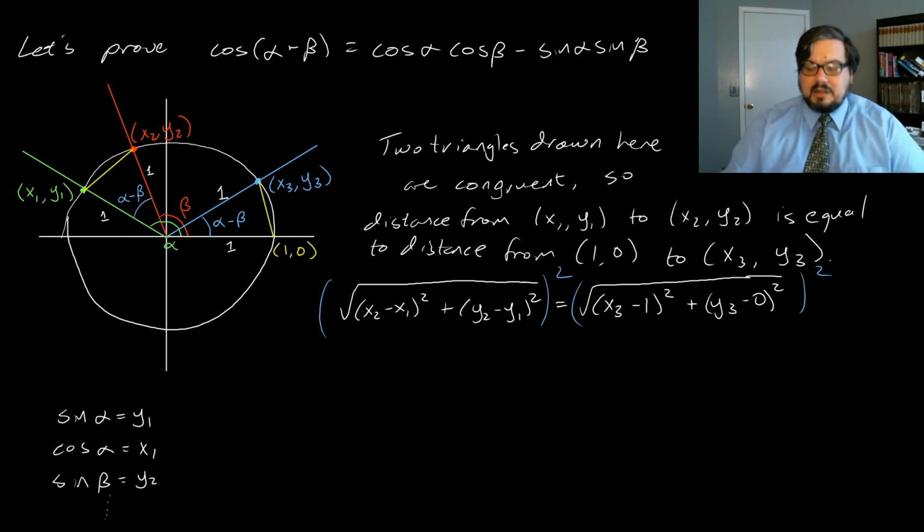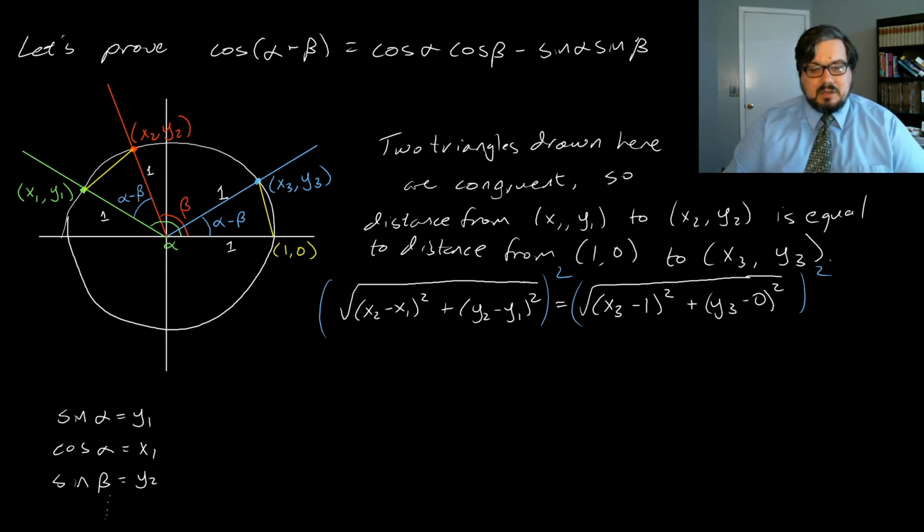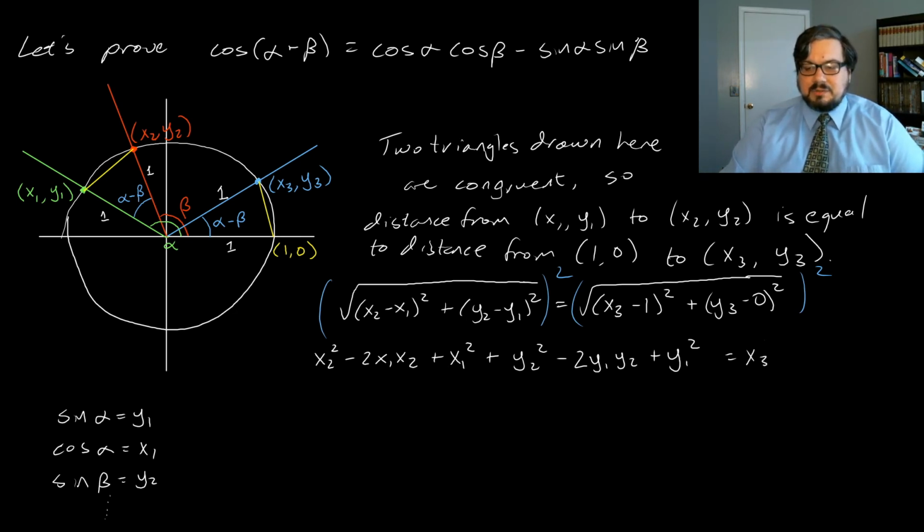And I made a typo there. That should be a plus. I'm going to square both sides, and I'm also going to expand both sides. So if we do that, we get x2 squared minus 2x1 x2 plus x1 squared plus y2 squared minus 2 y1 y2 plus y1 squared is equal to x3 squared minus 2x3 plus 1 plus y3 squared.